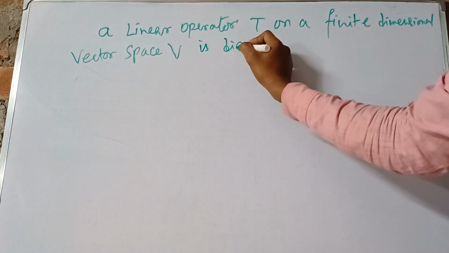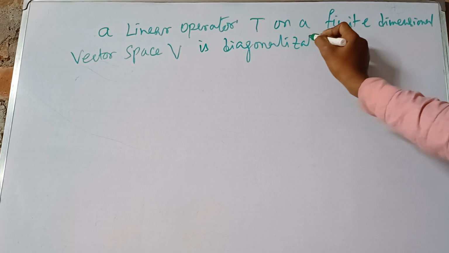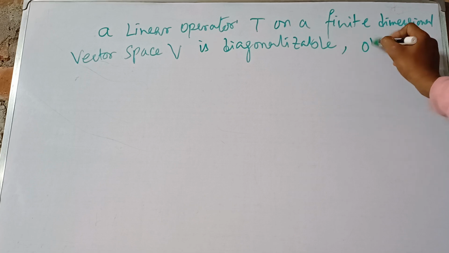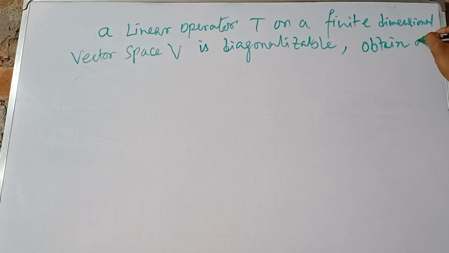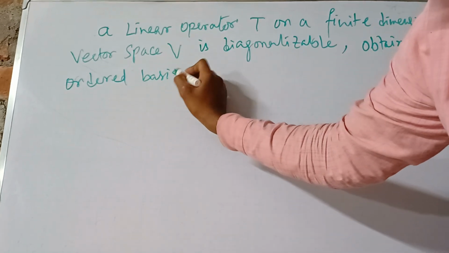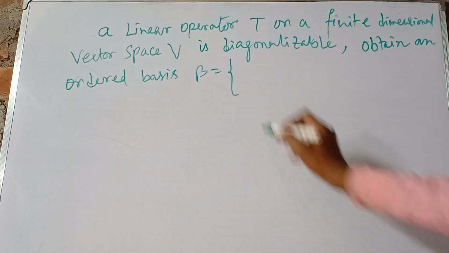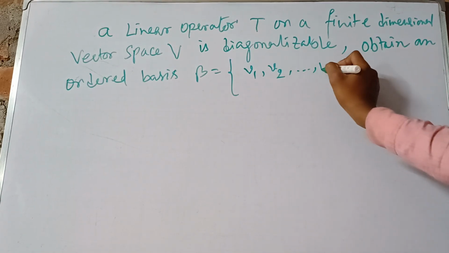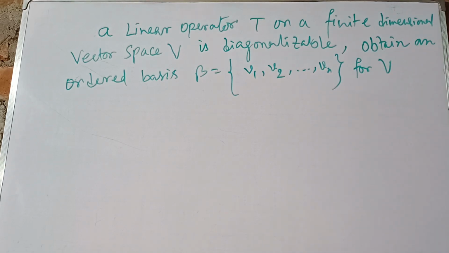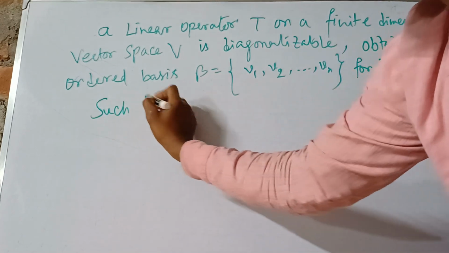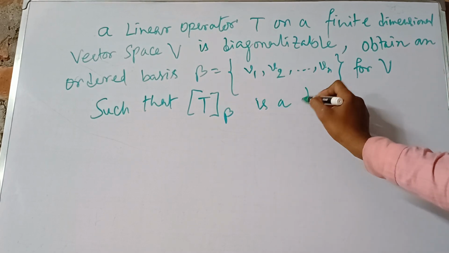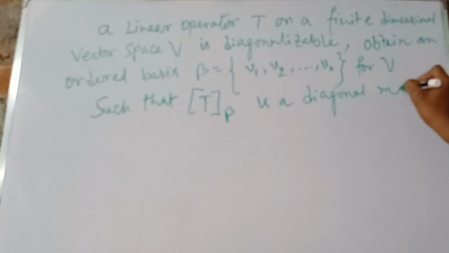Then we also obtain an ordered basis beta, here we represent it as v1, v2, dot dot dot, vn, for V, such that T beta is a diagonal matrix.